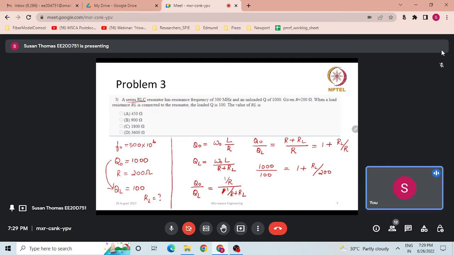Now the answer will be 10 minus 1, 9, is equal to RL by 200, or RL is equal to 1800 ohms. This is the value of load resistor to be added to the series RLC resonator, such that the unloaded Q factor of 1000 became the loaded Q factor value of 100. So answer option C.